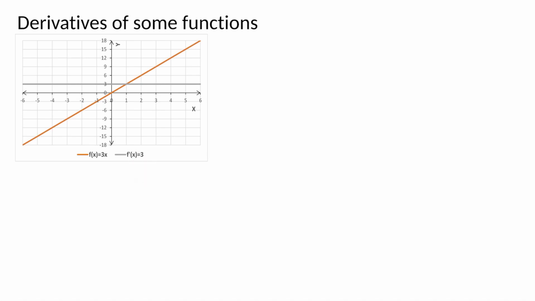So that becomes 1, right? So therefore f'(x) is 3. And you can see that this f(x) = 3x represents this orange curve, and it has a constant slope everywhere, and that is a slope of 3. And that's what we have shown here in this gray curve. This gray curve represents the derivative of the function with this orange curve.